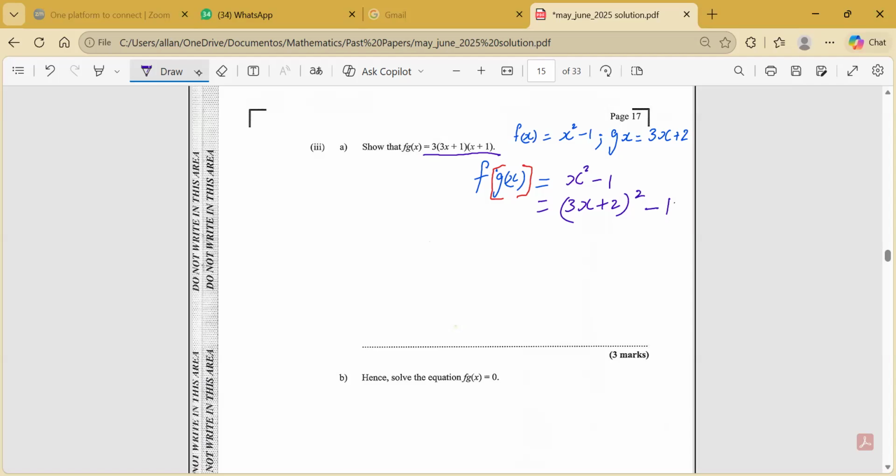Send your answer. Let me look at it. Send it to my WhatsApp. All right, so let's see. Three nines are 9, 6 plus 6, 4.